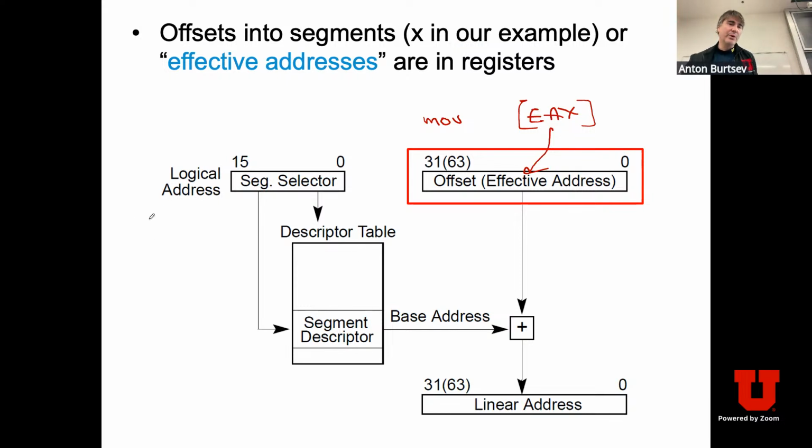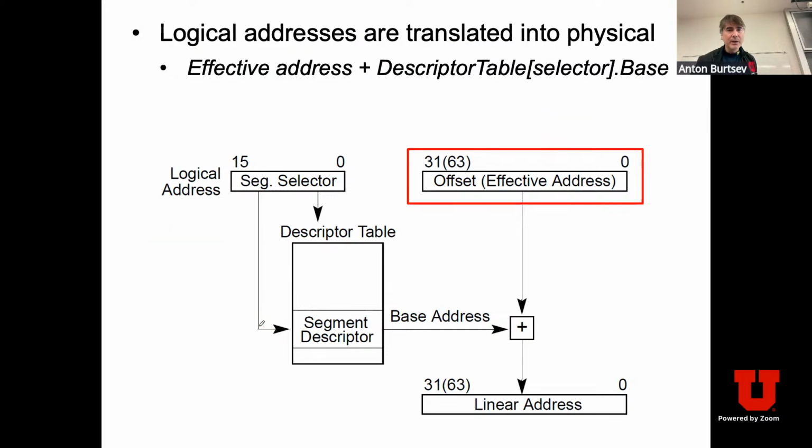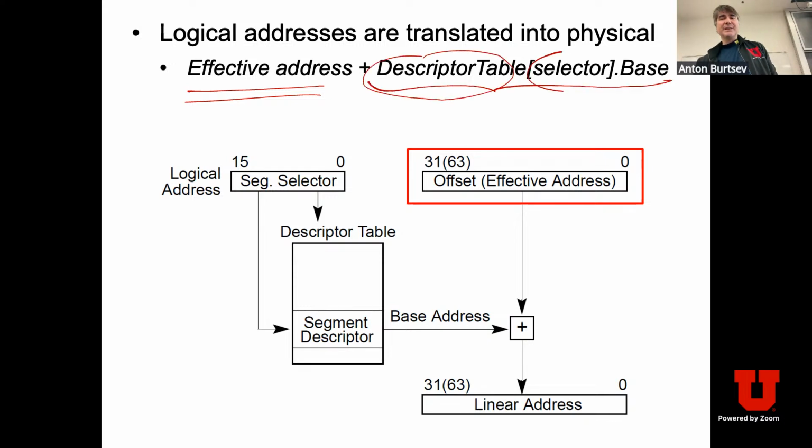And you have to be careful to make sure that DS is set up correctly to point to the entry in the global descriptor table to fetch the limit and the base. So every time you issue an address in this programming model, it consists of two parts: the effective address in the register, and the base which you fetch from the descriptor table, where the selector is an index and dot base is a field in the data structure kept in this descriptor table array.